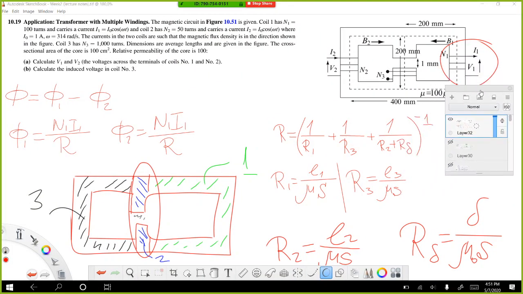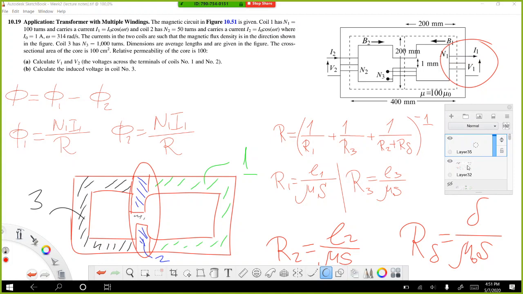Okay, now we found reluctances R1, R2, R3, and R reluctance of air gap. Now we use the superposition principle.